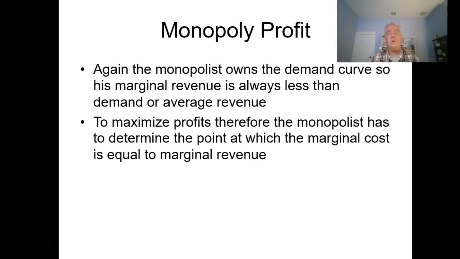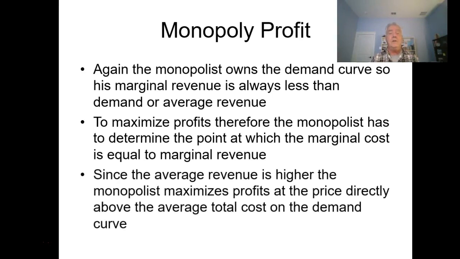I'm going to show you how that works in a couple of graphs in a minute. Now, since the average revenue is higher, the monopolist maximizes profits at the price directly above the average total cost on the demand curve. Now, this is called monopoly profits, and it's an area above the points of intersection of marginal cost and marginal revenue. So let's look at it.